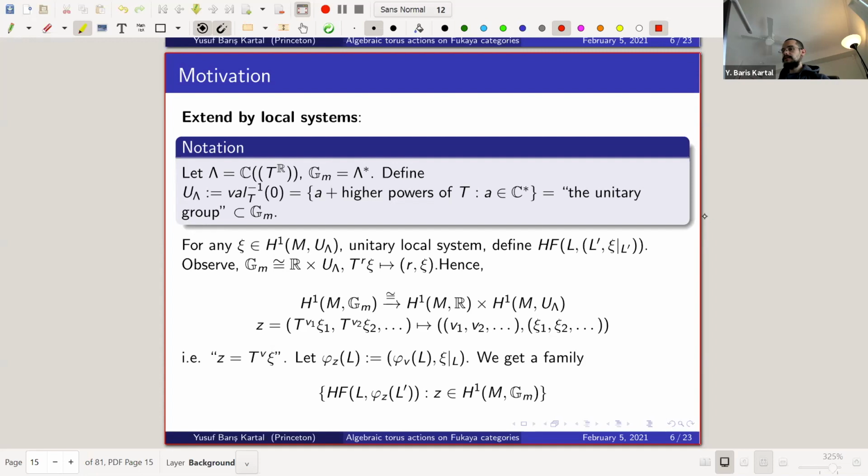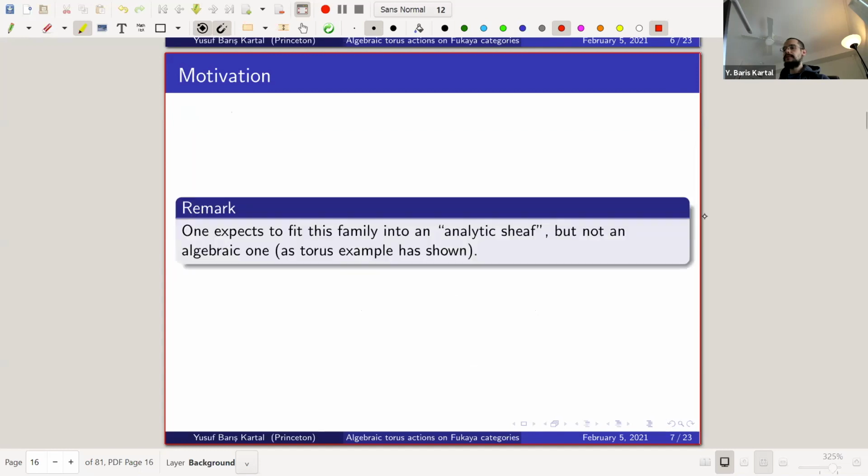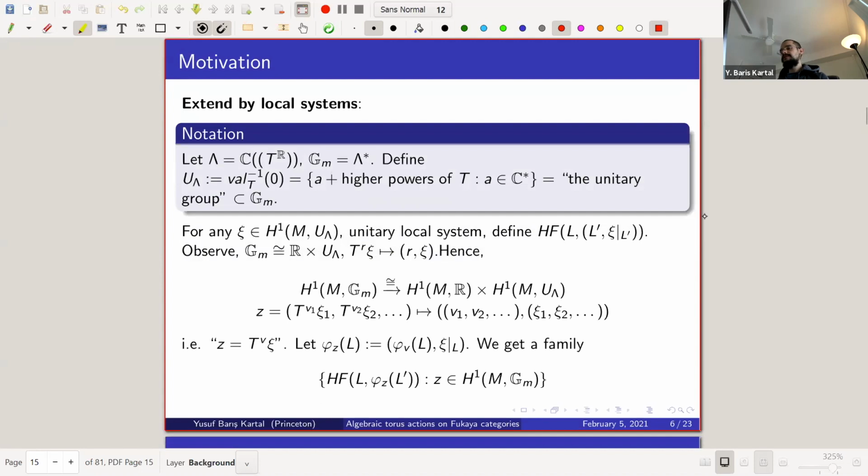So just a notational clarification, when I talk about H1 of M comma U lambda, etc., I assume that it's modded out by the torsion part. So it's a connected group. Okay. So far, this is just a set theoretic family of Floer homology groups.